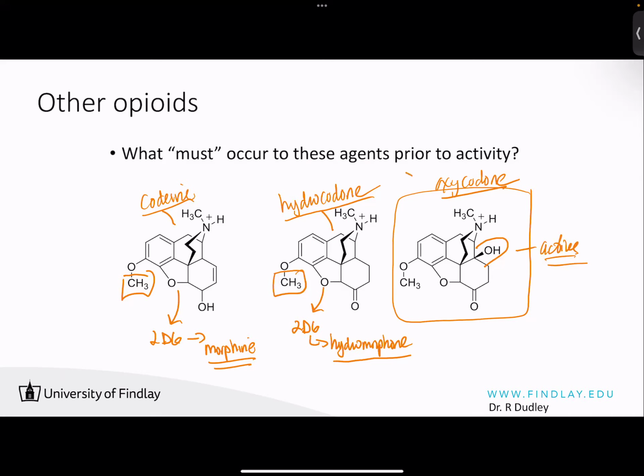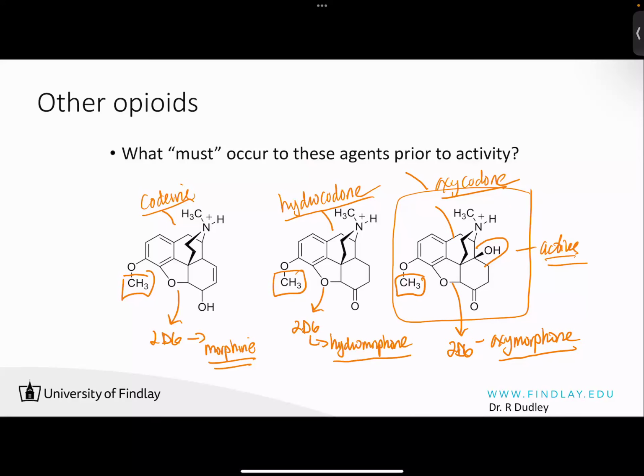But I can tell you that as oxycodone proceeds through 2D6, and 2D6 dealkylates that methyl group, you end up forming something called oxymorphone or Opana, which was a pretty potent opioid analgesic as well. I don't think it's used very often anymore today. So know the difference in terms of processing, which ones need to be processed in order to display potent opioid analgesic effects.